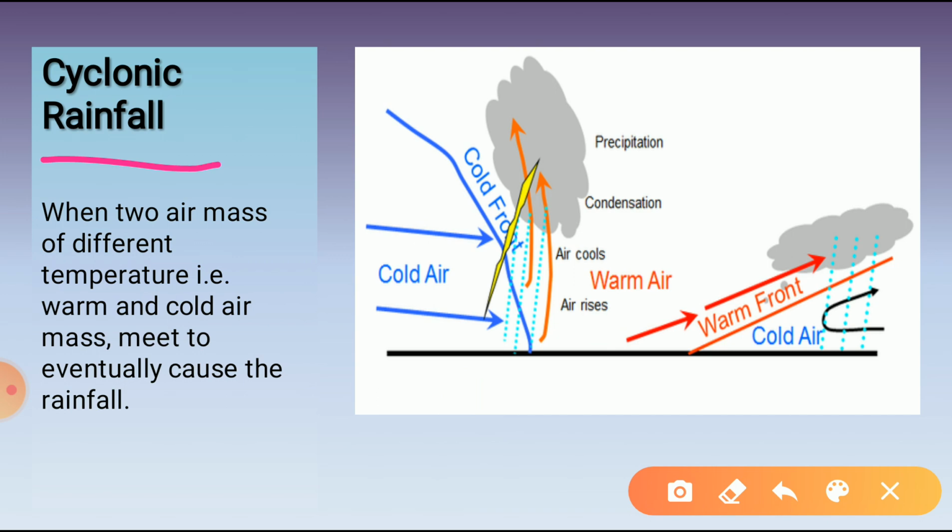So when two air masses of different temperature, warm air and cold air mass, meet to eventually cause rainfall, this is what we call cyclonic or frontal rainfall.